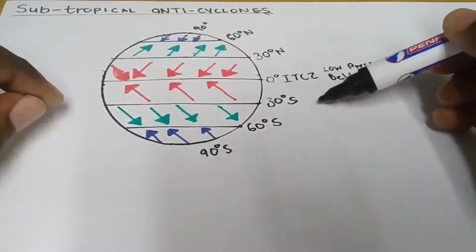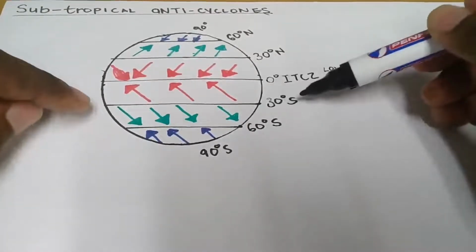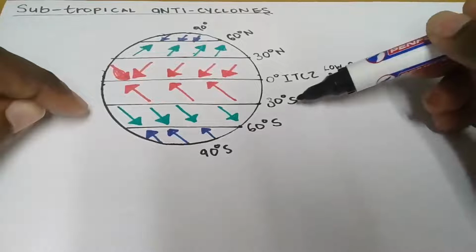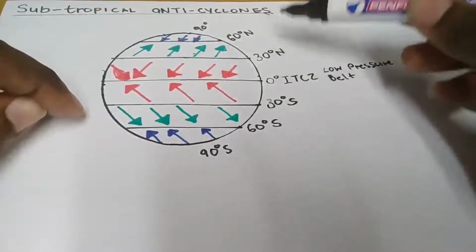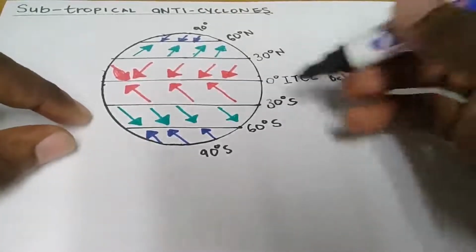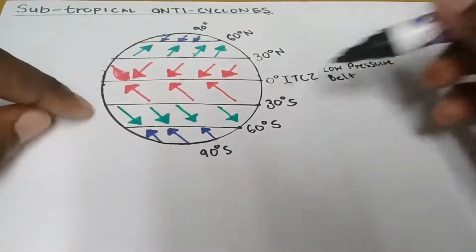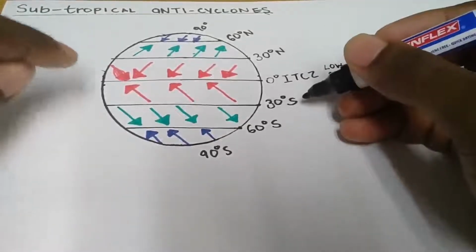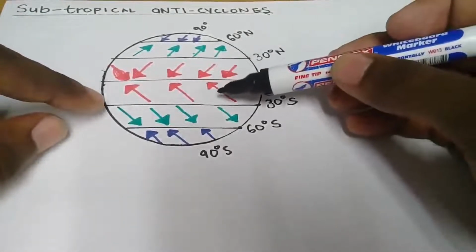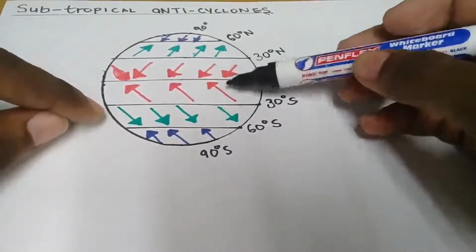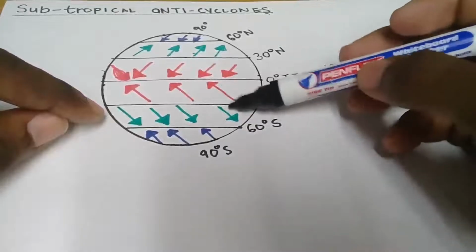Let's go down. At 30 degrees south, as well as at 30 degrees north, the air movement is much different than in the ITCZ, because the air is moving apart.